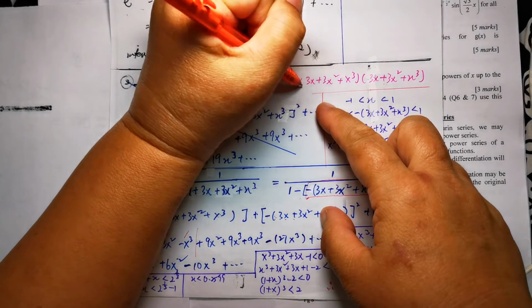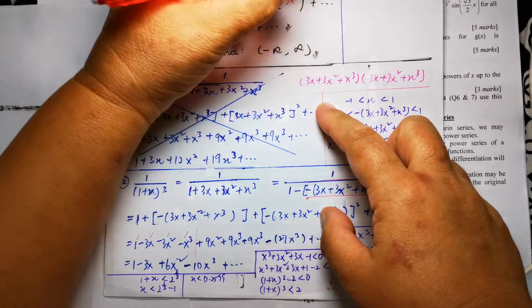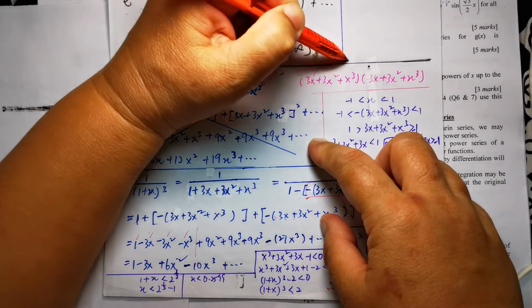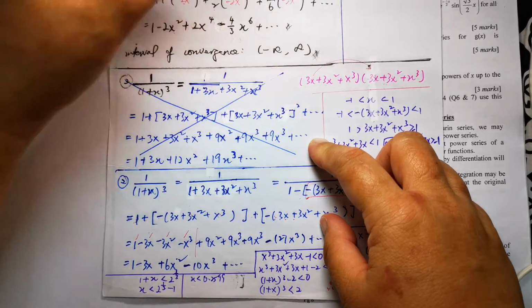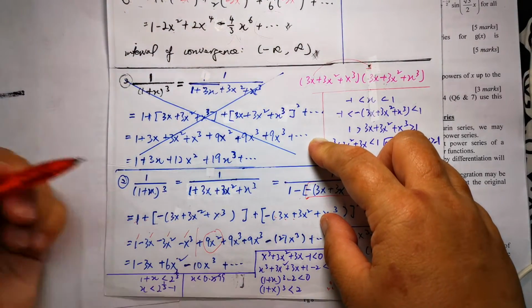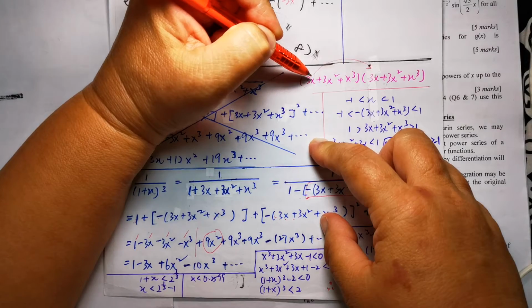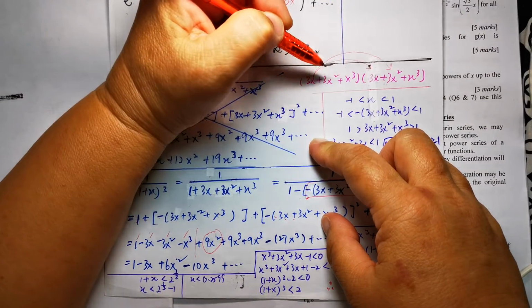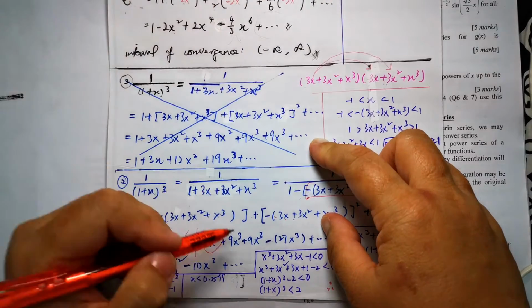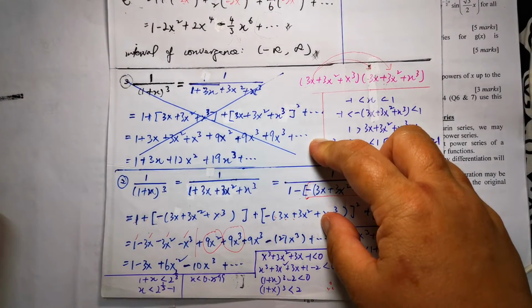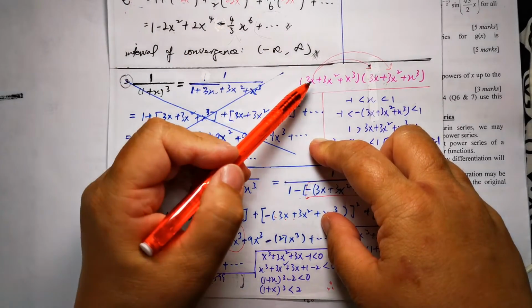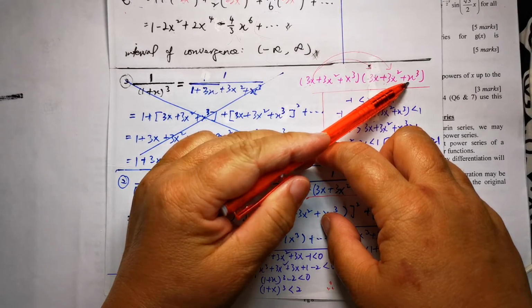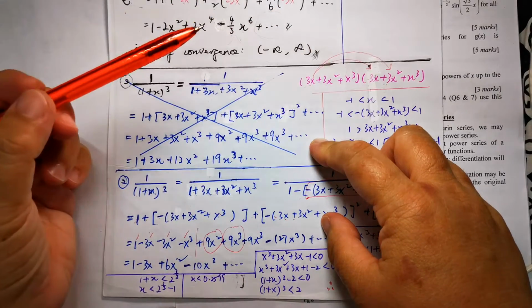So first, we use the first term to multiply all these three. So 3x multiply 3x, 9x squared. 3x multiply 3x squared, so 9x cubed. And 3x multiply x cubed is 3x power 4.